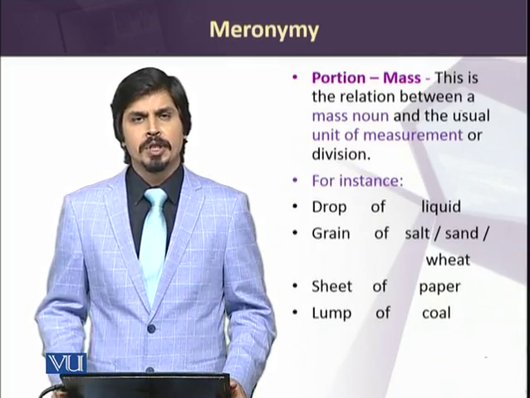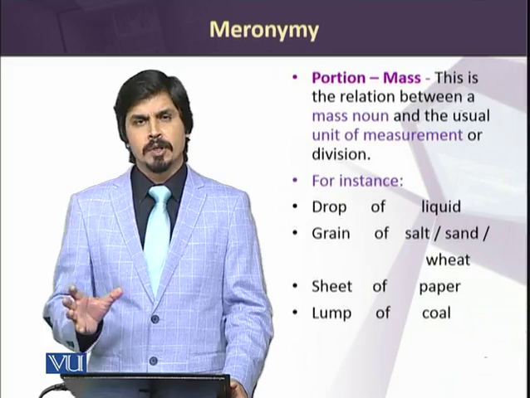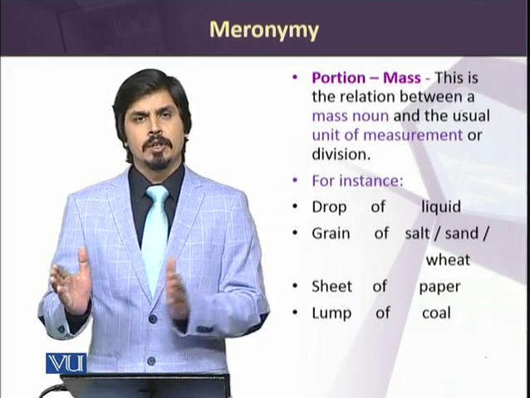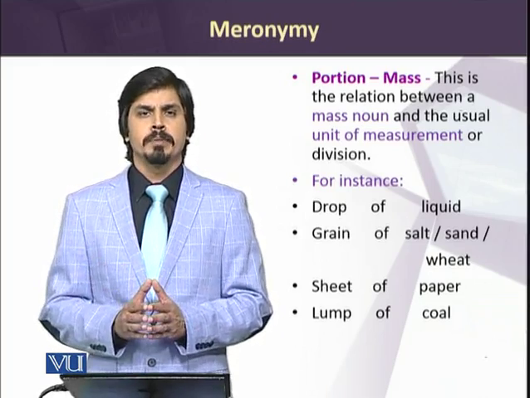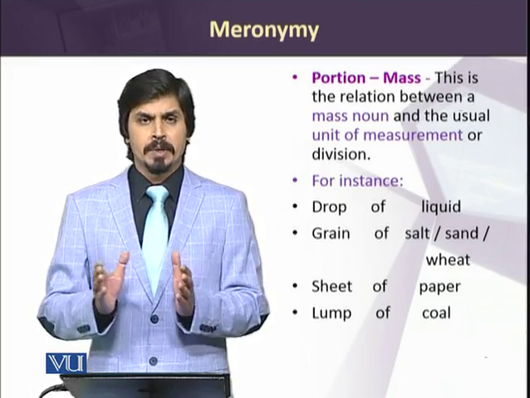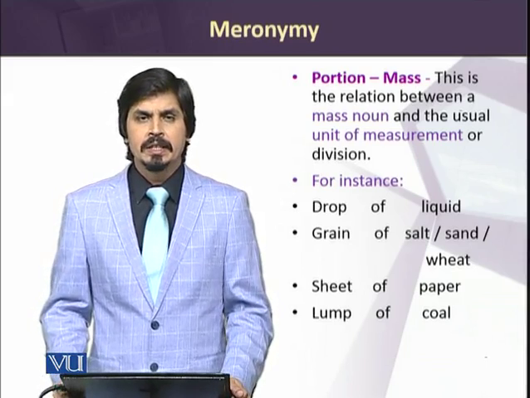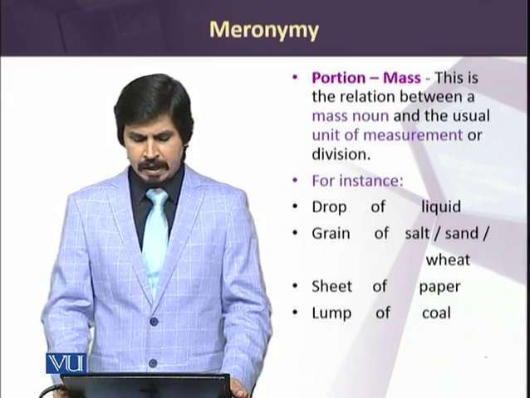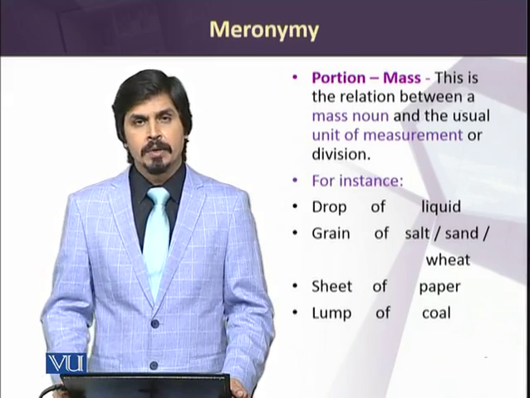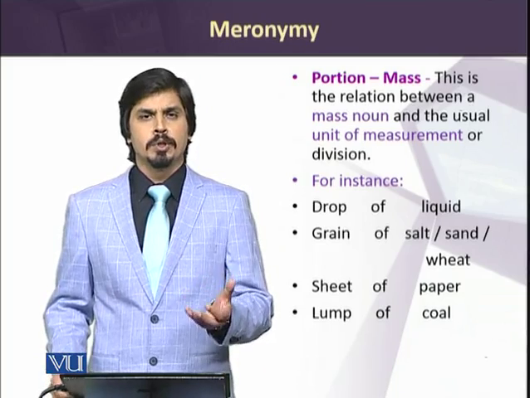Similarly, we have a portion and mass relationship, and in this there may be a mass noun, and there is also a unit for its measurement. So the relationship between these two may roughly be called as the relationship between portion and mass. And in this regard, we can cite the examples like drop of liquid. A liquid may be seen as a mass noun, and a drop is a unit to measure it.